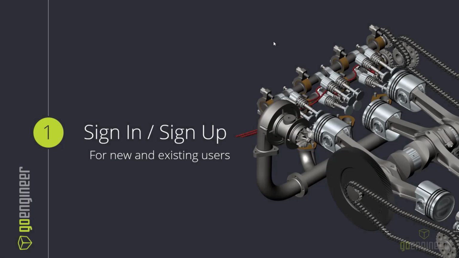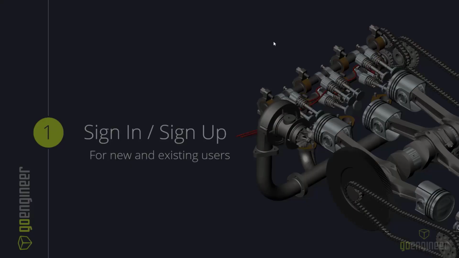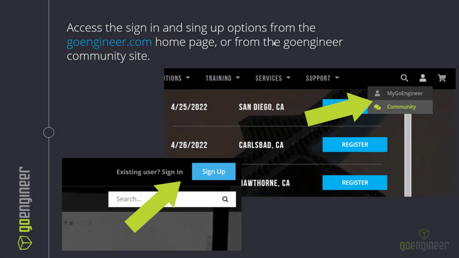If you haven't already signed up, there are 2 ways to go about it. You can go straight to our website, GoEngineer.com, or you can go straight to our community site and click sign up or sign in. At our website, you'll notice there's a little avatar in the top right corner.